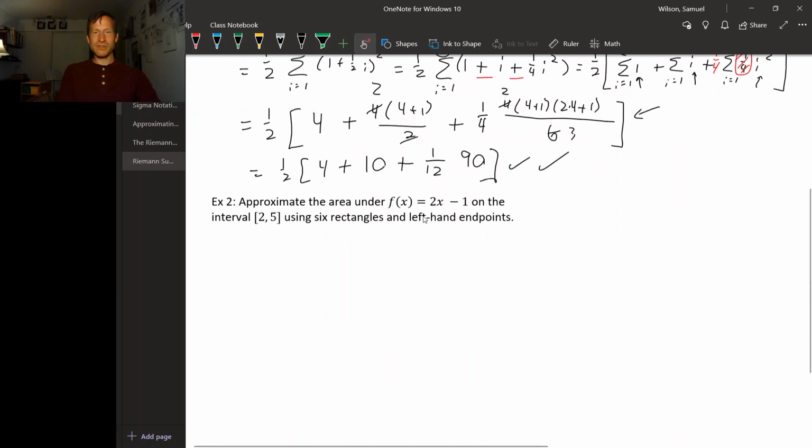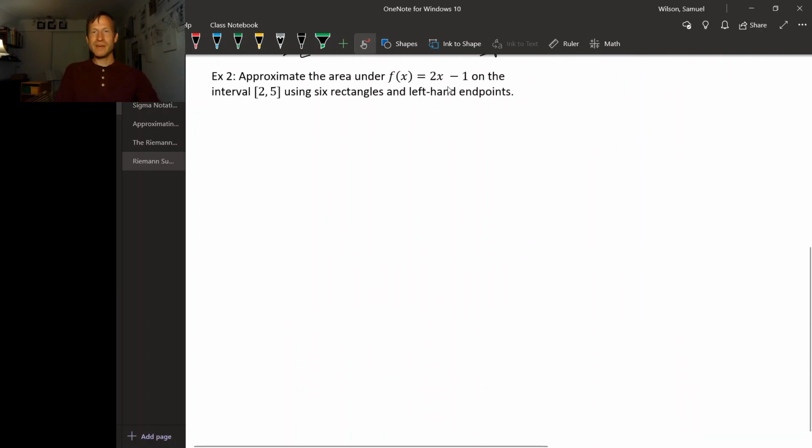Okay, let's try this one. Approximate the area under 2x minus 1 on the interval from 2 to 5 using 6 rectangles and left-hand endpoints. All right, so we're going to use the same idea. We need to write out this Riemann sum.